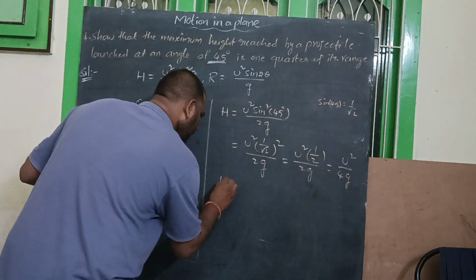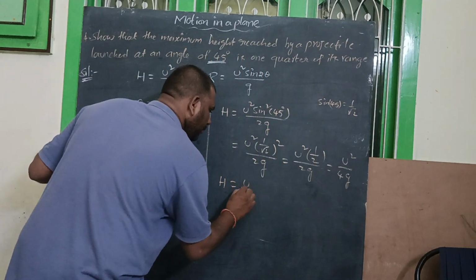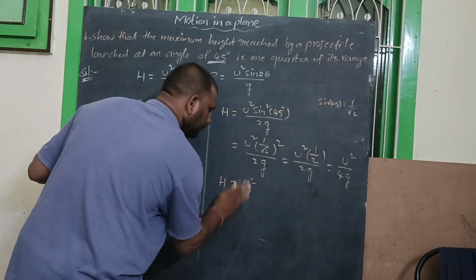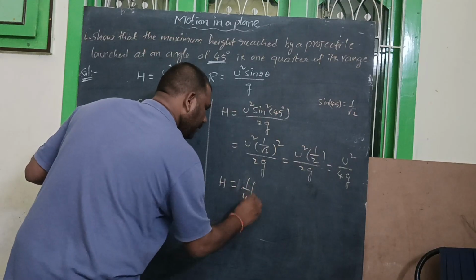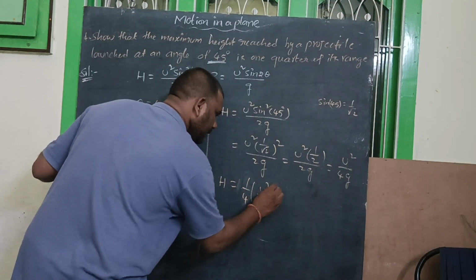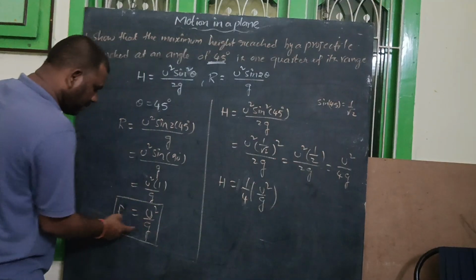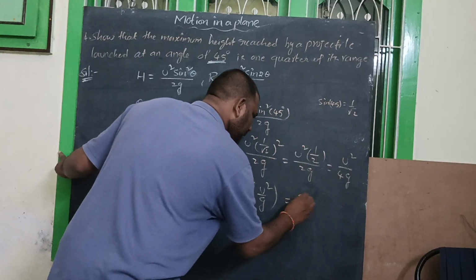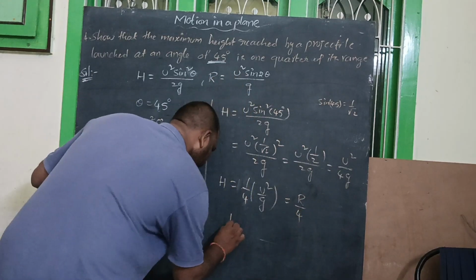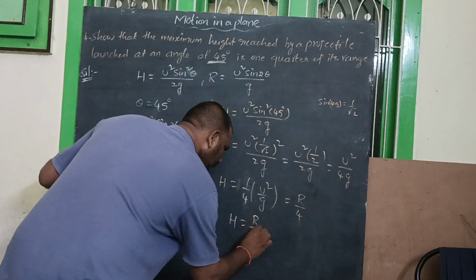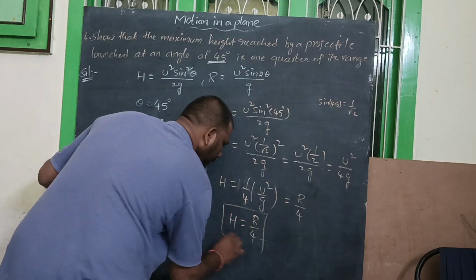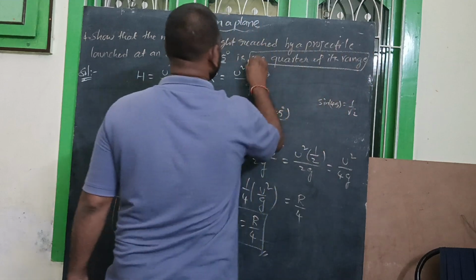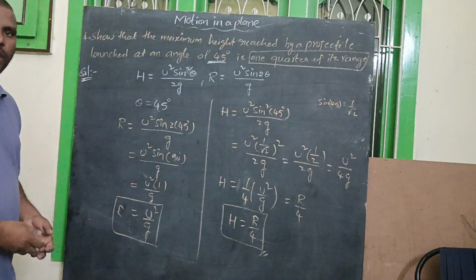Therefore the maximum height is equal to u square by g into 1 by 4. What is the value of u square by g? Range. So in place of u square by g we write R, giving R by 4. Therefore maximum height is equal to range by 4. That is the answer: maximum height is 1/4 of the range.